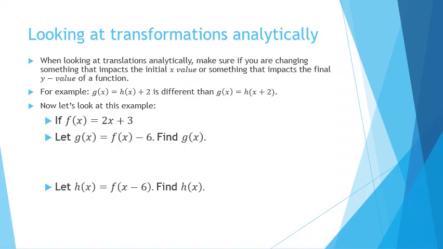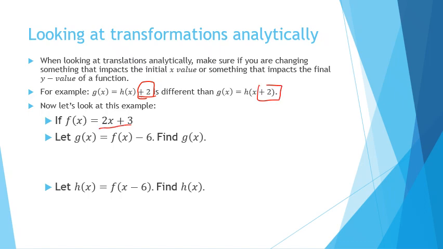Now, looking at transformations analytically. When we look at transformations analytically, we want to make sure we are changing something that impacts the initial x value, or if we want to see if it impacts the y value. For example, this vertical translation is much different than this horizontal translation.